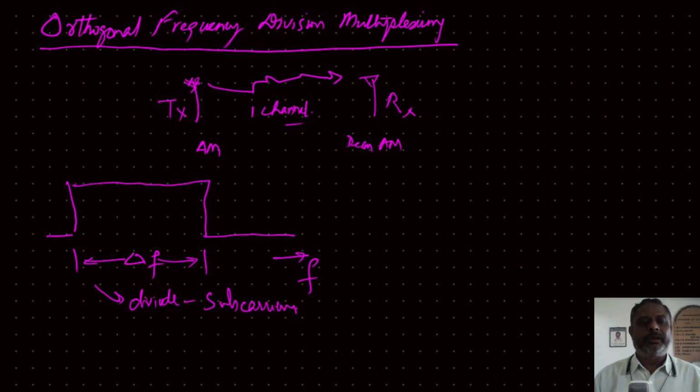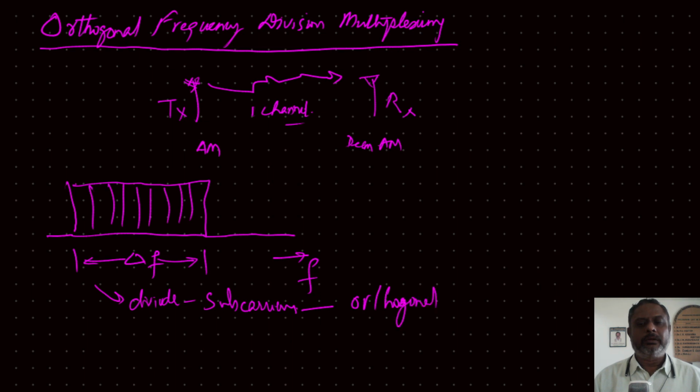And make sure that these subcarriers are orthogonal to each other. That means this is F1, F2, F3, and so on up to Fn.